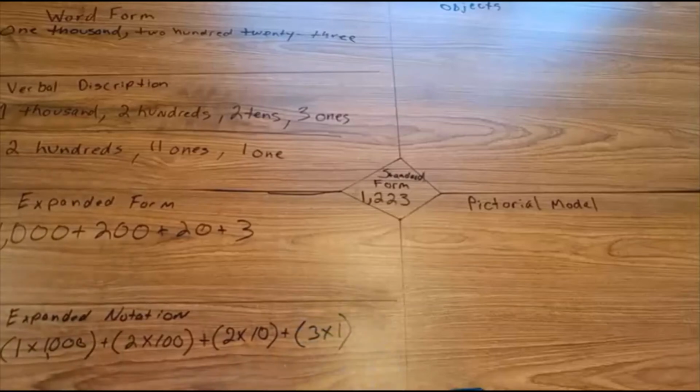So basically I'm just multiplying by its place value. So 1,000, 2 hundreds, 2 tens, and 3 ones. So that's expanded notation for 1,223.